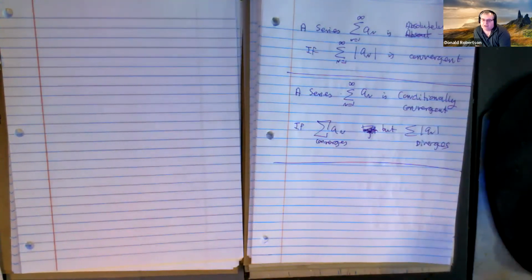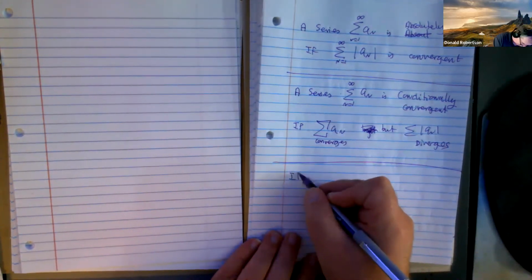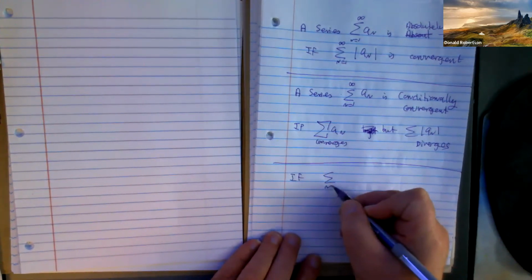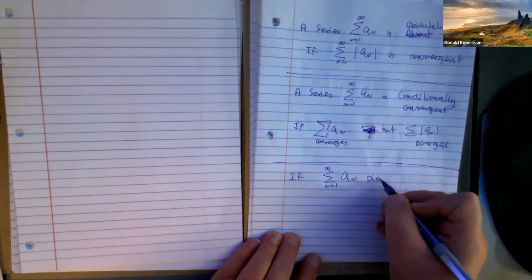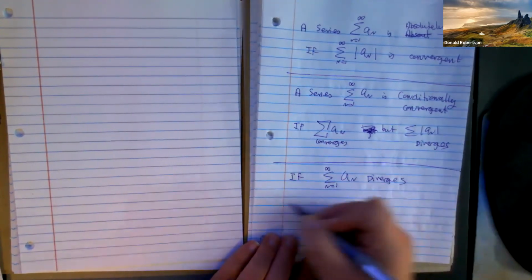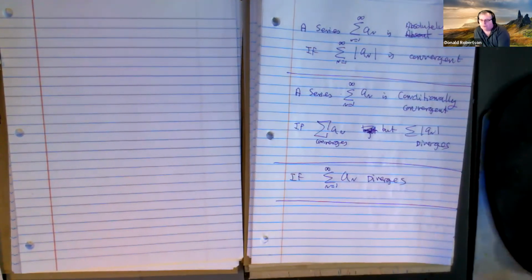Now, if the original series diverges, I guess I'll put this in for completeness: if the original untouched series diverges, that's it. There's no two flavors of divergent. So what we're going to look at here is a series.